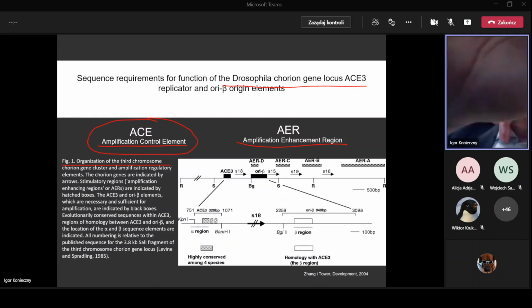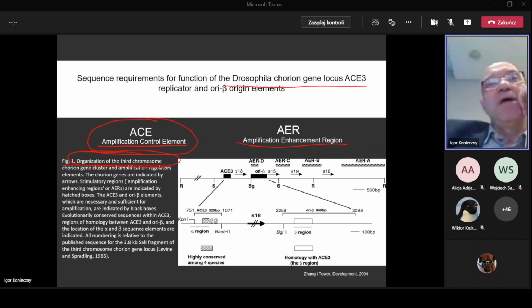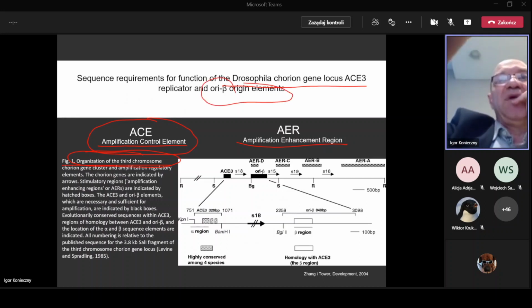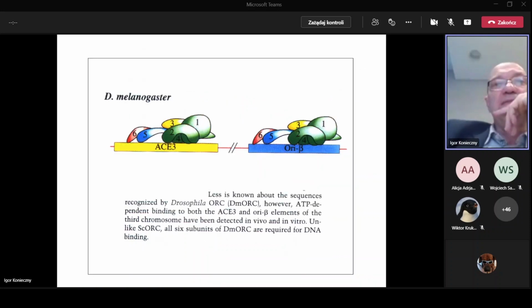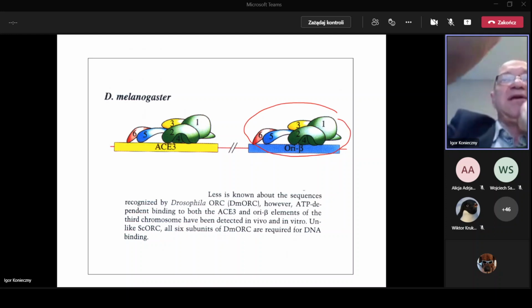So this is the organization of the third chromosomal chorion gene. And it was found that this is the ori-beta origin element, which is ACE and the amplification enhancer region. And this is a simplified model of Drosophila melanogaster ORC interactions with ori-beta and ACE3 elements.